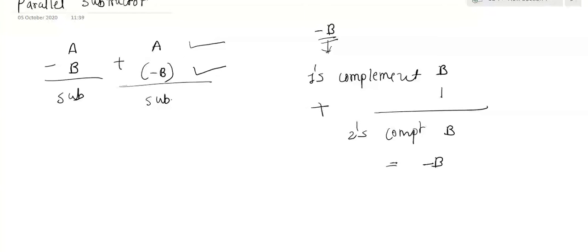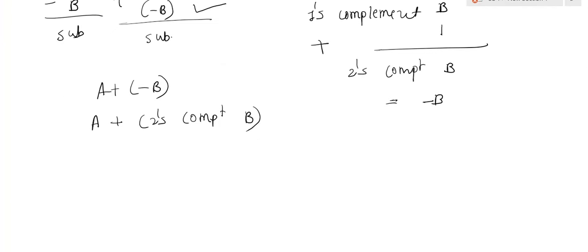Now here, when I want to perform A plus minus B, I have to take A as the first input and the second input is the 2's complement of B. And to take the 2's complement of B, first I have to take the 1's complement and then I can add 1 to that. Clear?